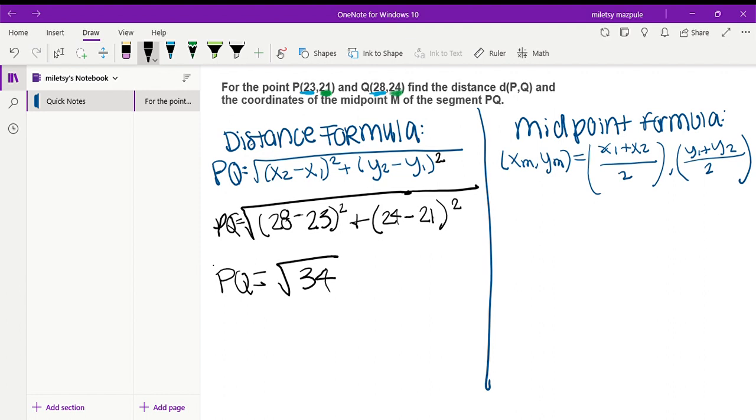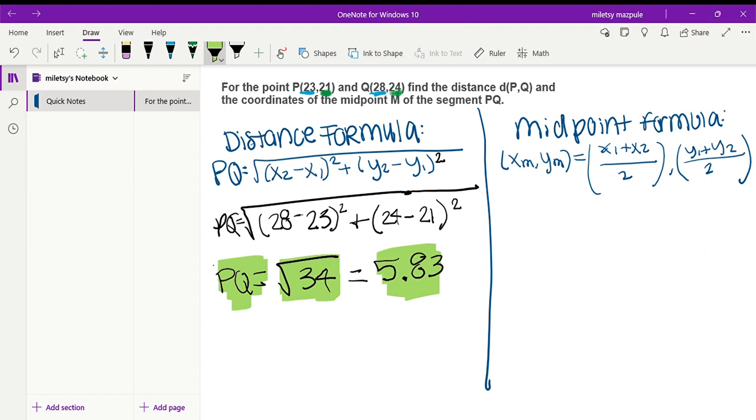If you wanted to put that in a decimal, it would be approximately 5.83. So that is going to be your answer. More than likely, it's probably going to be like this, or it can also be this. So that's going to be your answer.